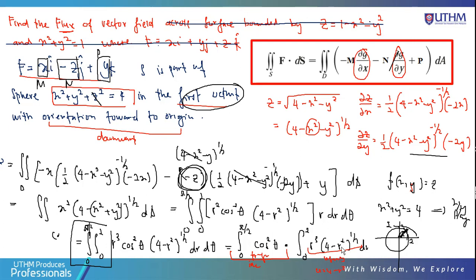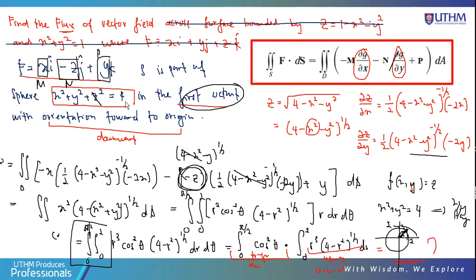Okay, so you can solve this one. So the final answer is, I didn't write the final answer. Okay, I didn't write the final answer. So try to solve and then get the answer for this equation. Okay, how much is the answer? I did not solve it, I stop here only.